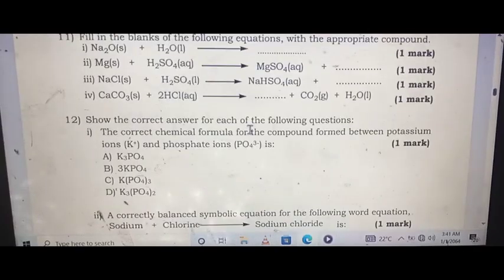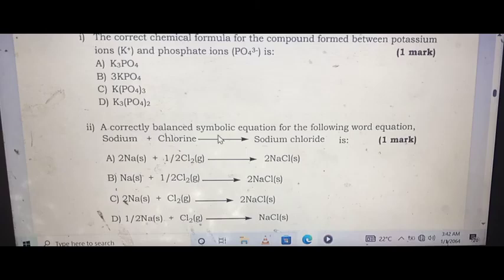Choose the correct answer for each of the following questions. The correct chemical formula for the compound formed between potassium ion and phosphate ion is... The correct answer is letter A, potassium phosphate.